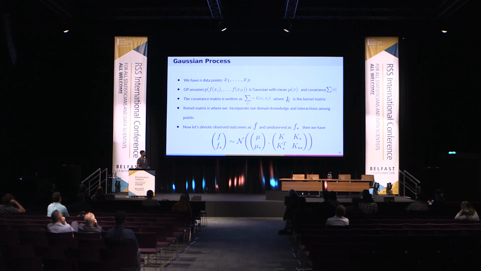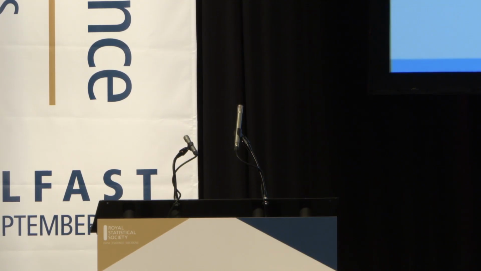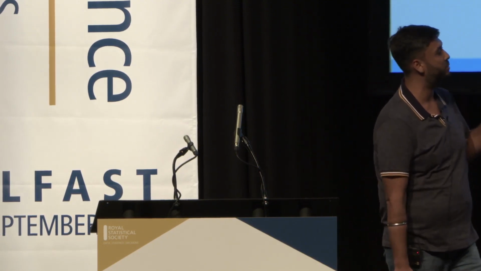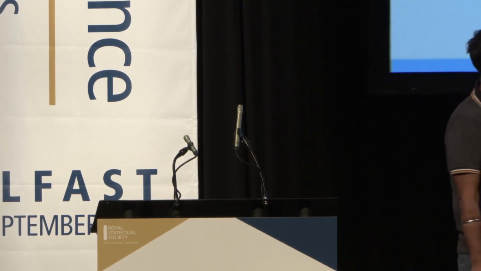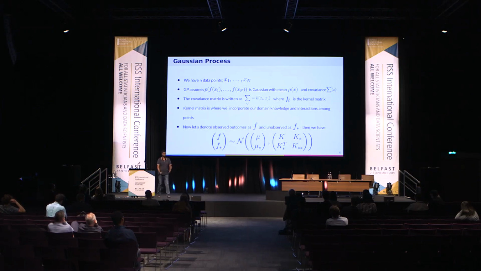You assume the points are distributed with a Gaussian with mean mu x and a covariance matrix sigma x. Each element of the covariance matrix can be calculated with the help of a kernel between points i and j. The kernel is where you build in your domain knowledge, or how you want your functions to behave.